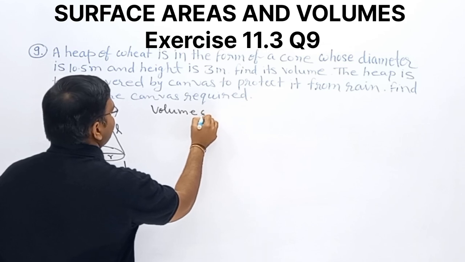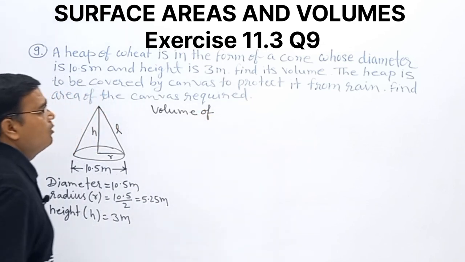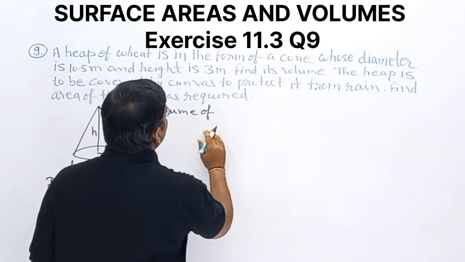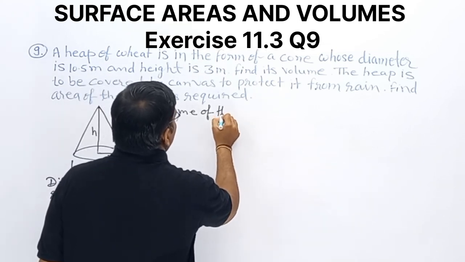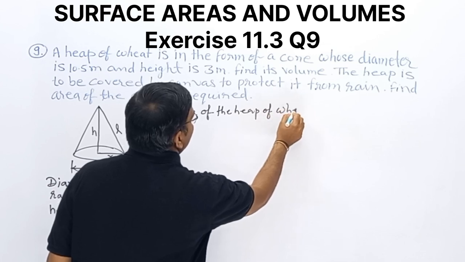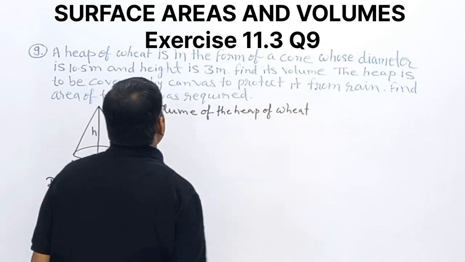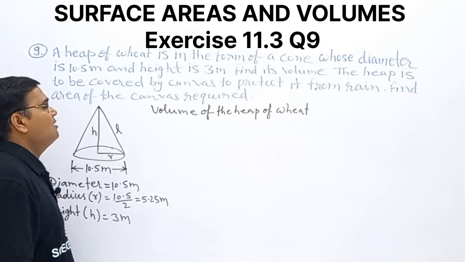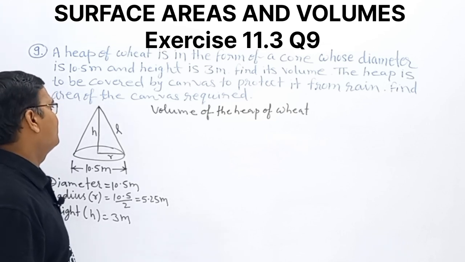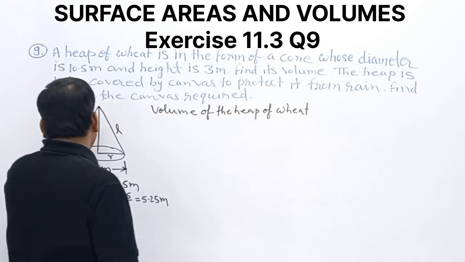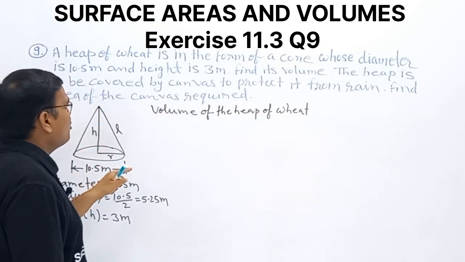So volume, what we want: volume of the heap of wheat, and it is in the shape of a cone.